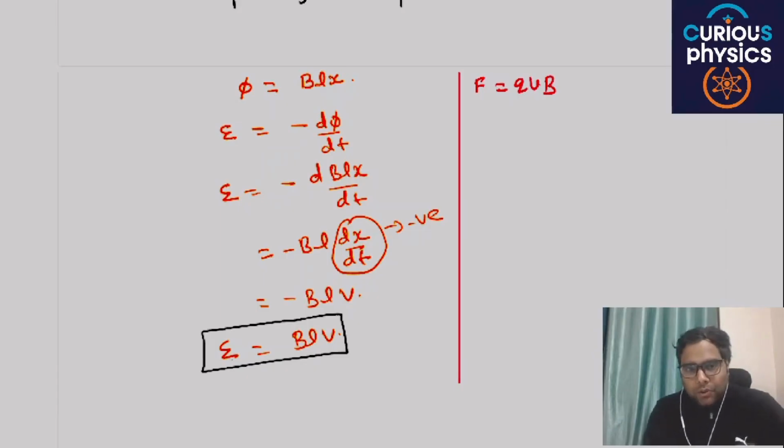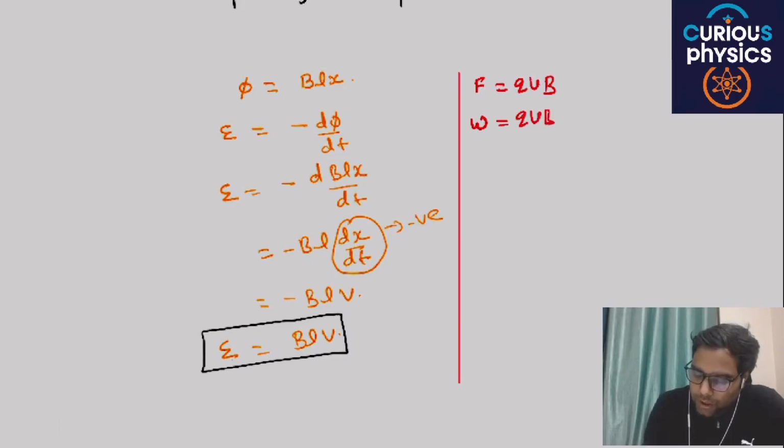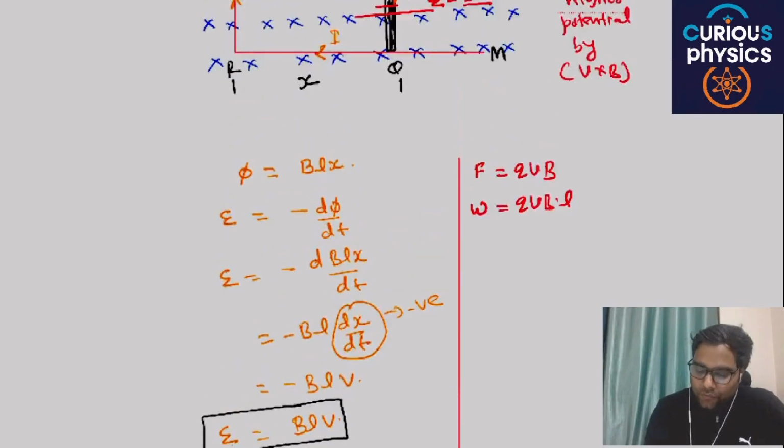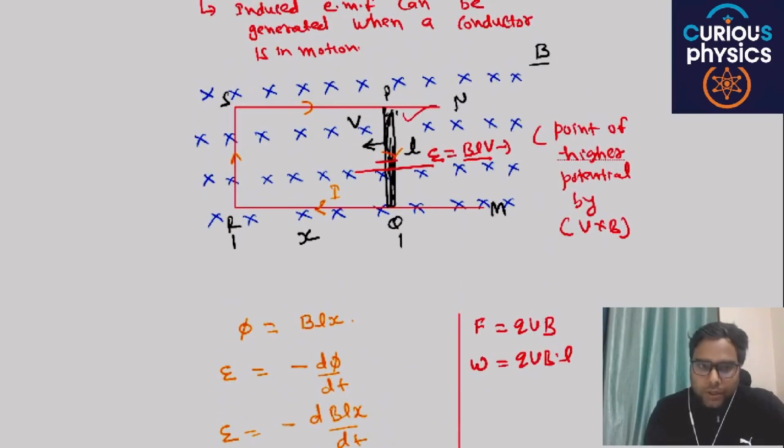This charge has to cover the distance L, then the work done will be QVB into L. L is the length of this particular PQ rod.